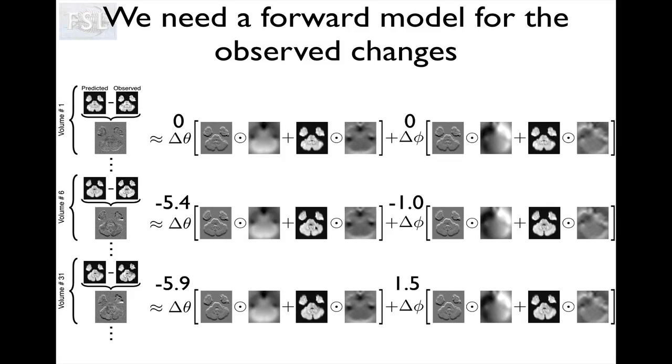So this is the forward model, and these are the unknowns, and it's actually just that and that that are unknowns, because this can be calculated from that one, and this can be calculated from that one.